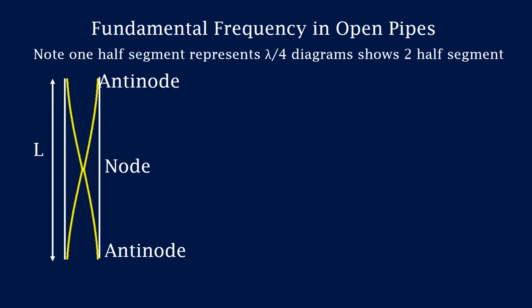If L is the length of the pipe, then consider the wavelength of the fundamental mode, lambda 1. If we look at the figure, we have 2 half segments and 1 half segment is equal to lambda by 4. Therefore, L is equal to 2 times lambda 1 by 4, or lambda 1 by 2.